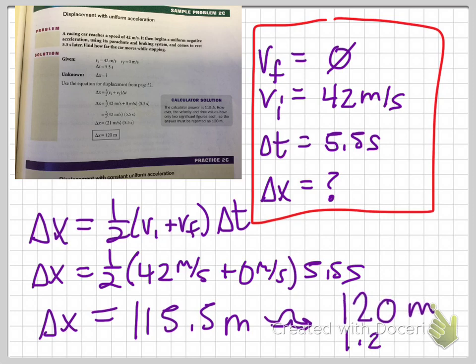Generally, as a rule of thumb, I always say that if you're over 1,000, you should probably be in scientific notation. If you're under 1,000, you don't really need to be. We can manage numbers under 1,000. Once we get outside that 10 to the third range, we probably should be in scientific notation.